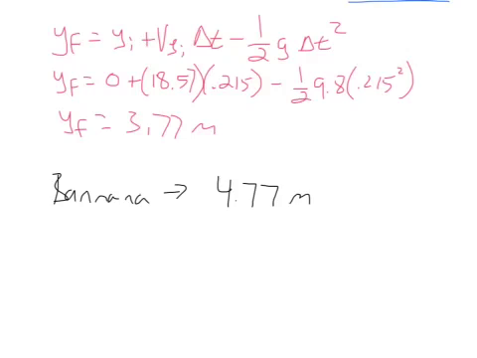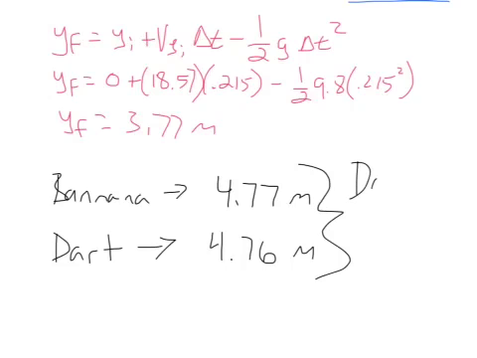The dart starts at the ground, and if it is 3.77 meters above the launch point in that 0.215 seconds, and that launch point is 1 meter above the ground, then in that 0.215 seconds the dart is 4.76 meters above the ground. Therefore, the dart hits the banana.